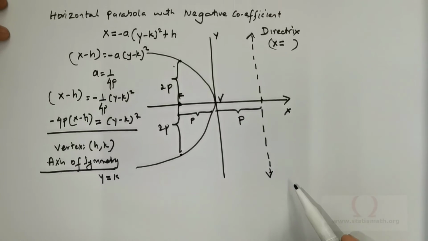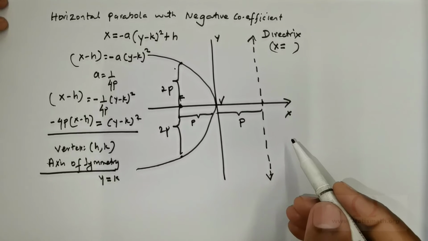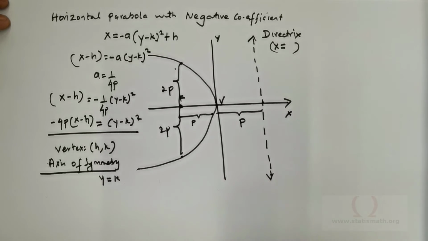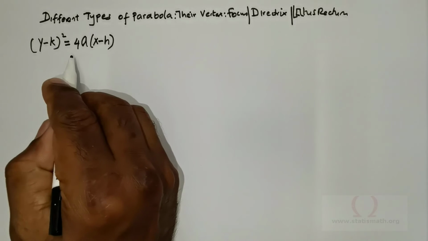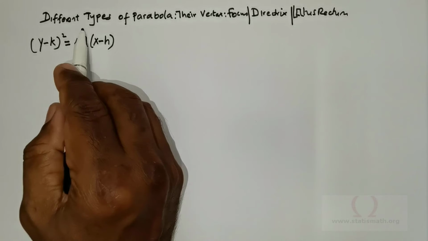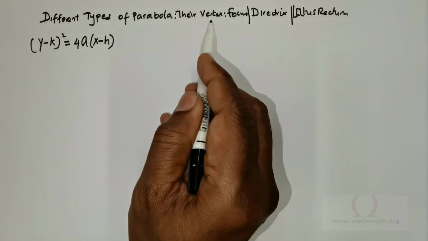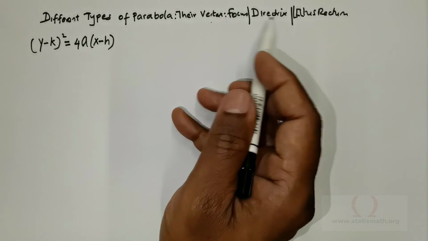So having completed the parabola's different cases, we will now head to doing questions on them. Students, in this class we will be studying about the different types of parabolas and how to find their vertex, their focus, the directrix and the latus rectum.